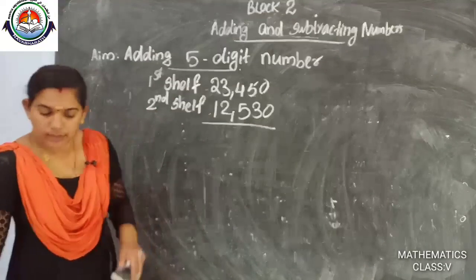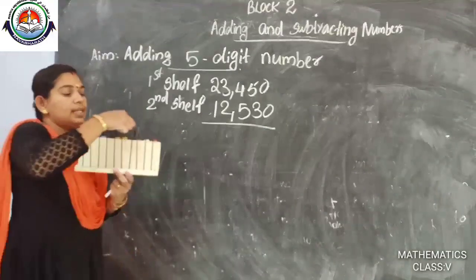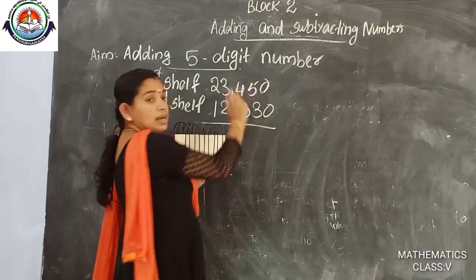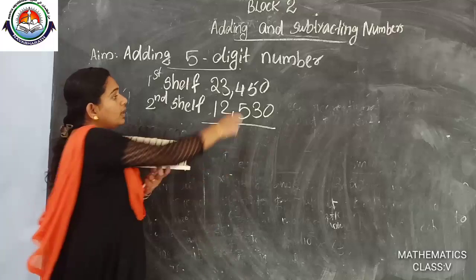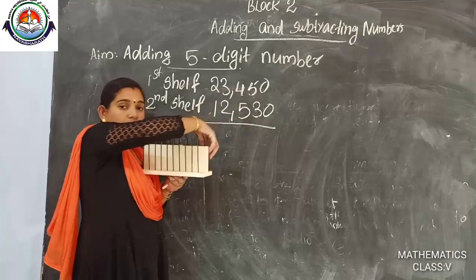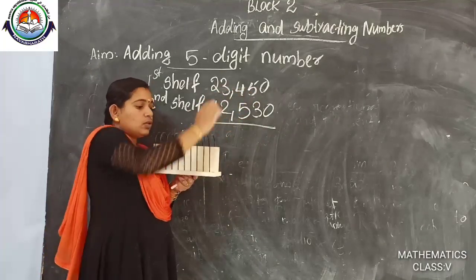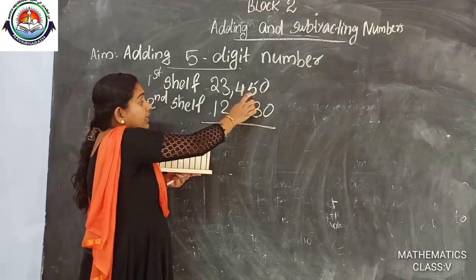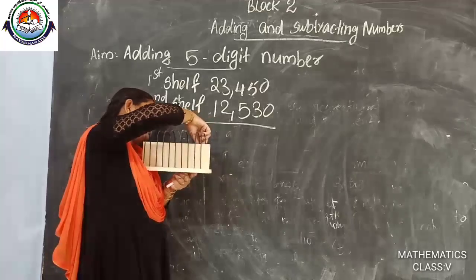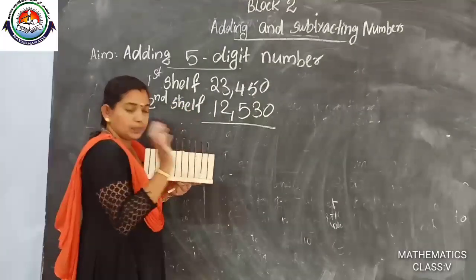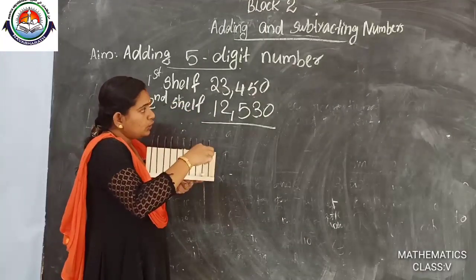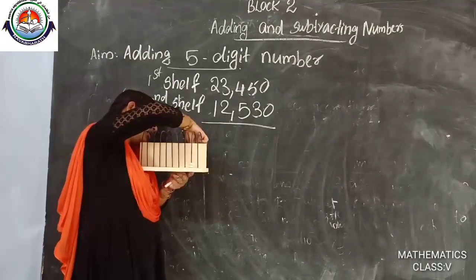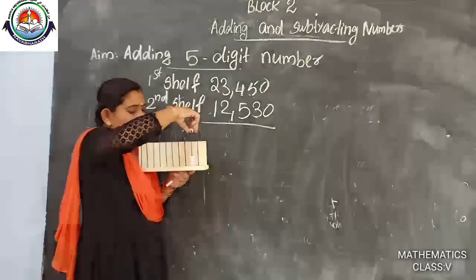Okay. This is your abacus. We are arranging the beads based on these numbers. First number we are arranging first. Ones place 0, so we do not need to put beads here. Tens place 2 beads, so we are putting 2 beads here. 5 beads, 1, 2, 3, 4, 5.